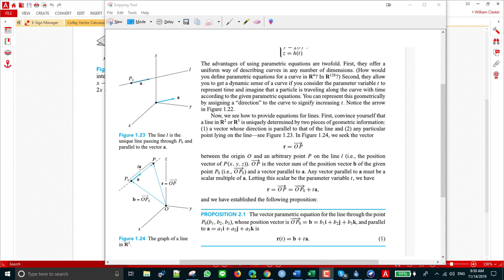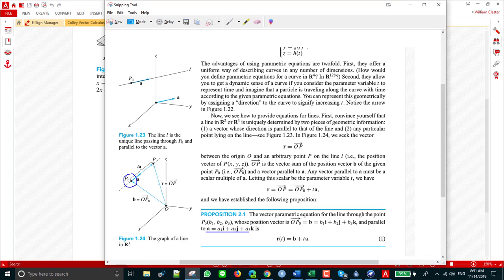Remember, this says the vector parametric equation for the line through this point, and parallel to this vector A.